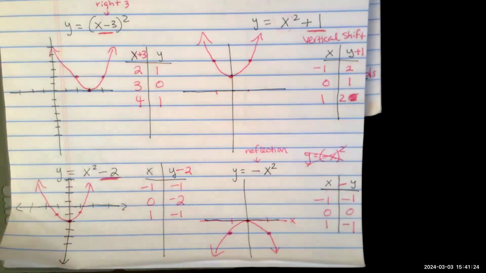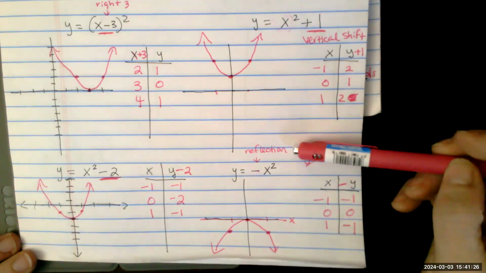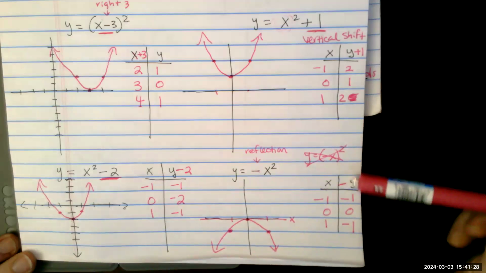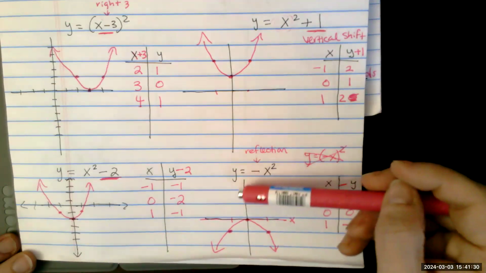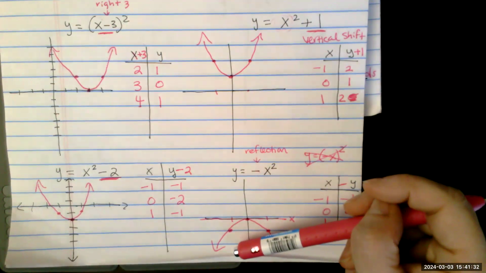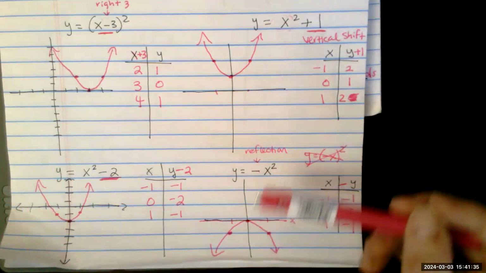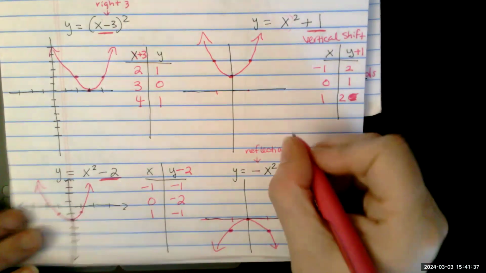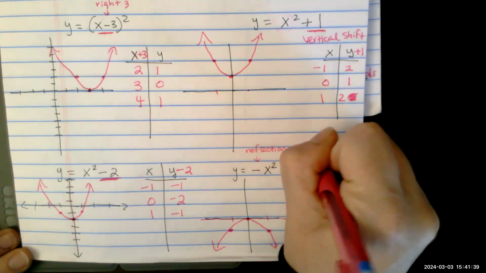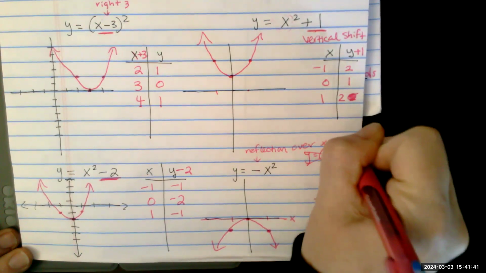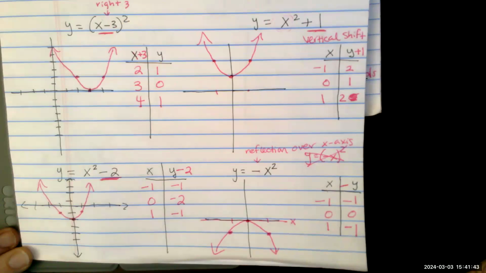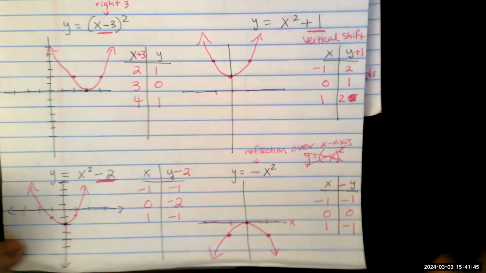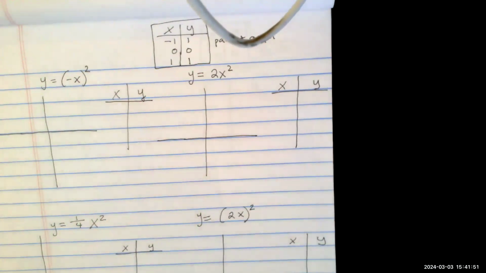So this confuses a lot of people because we're saying it's a vertical thing, we're saying it affects the y, but then we're describing it as reflecting over the x-axis. But hopefully you can physically see that that is exactly what it's doing. So it's a reflection over the x-axis is the fancy name for it. Remember, you can pause or rewind and watch something again if I'm ever going too fast.